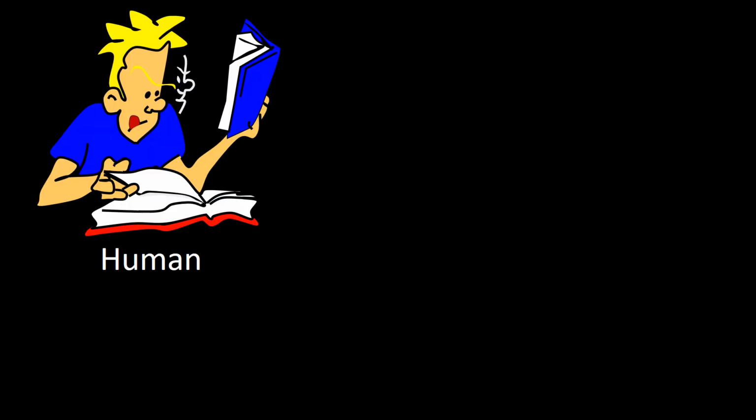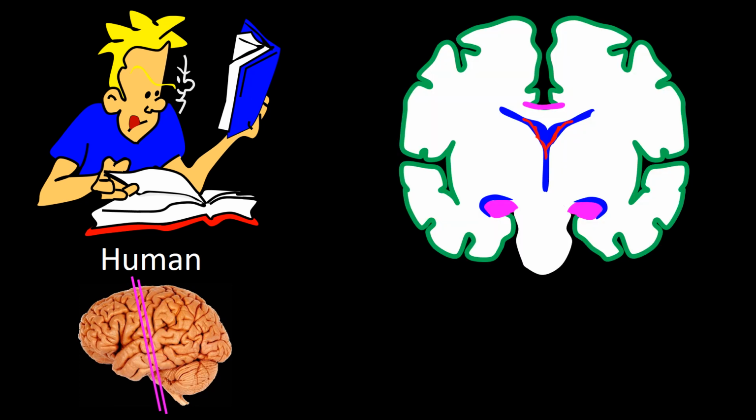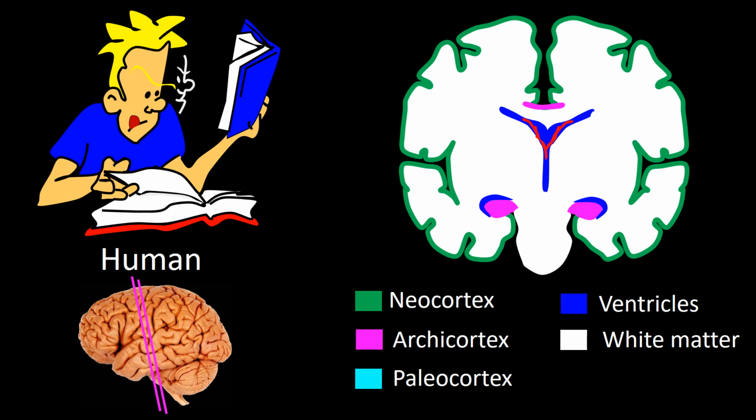Now comes the human, with our well-recognized brain shape. Were we to do a coronal cut going from the posterior frontal area to the pons, we would see a rather familiar appearance, and all components we have seen in lower animals would be present.